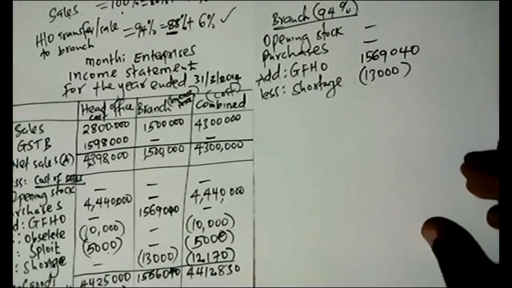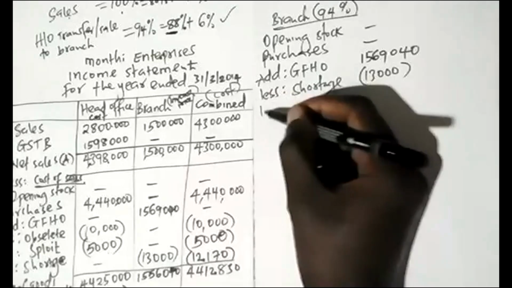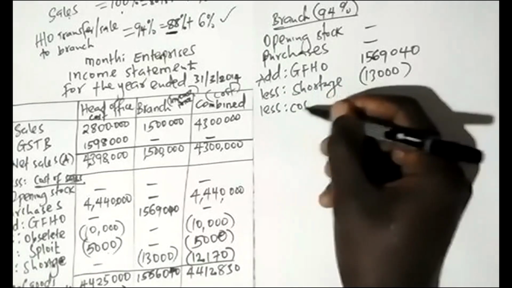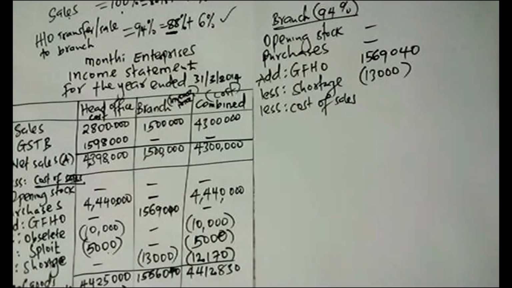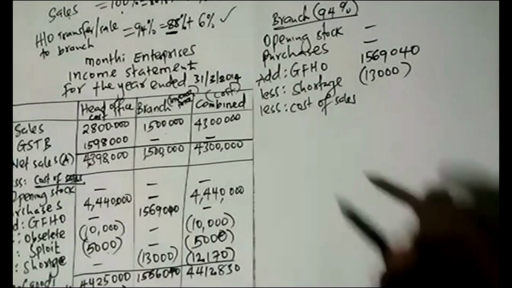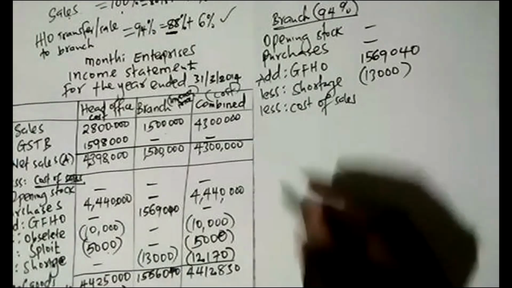It was at 94. Then after that, we have to raise the cost of sales. The sales of the branch is 1.5. Cost of sales, use the sales.